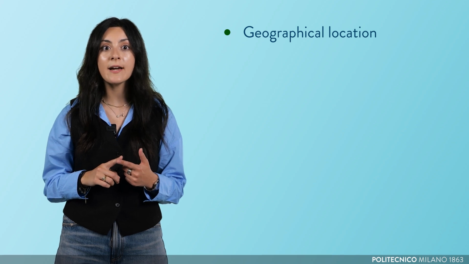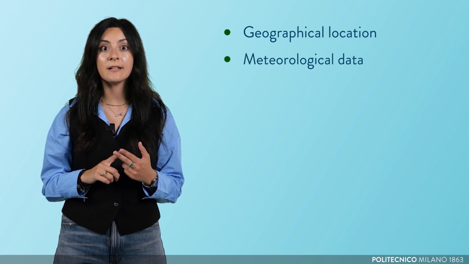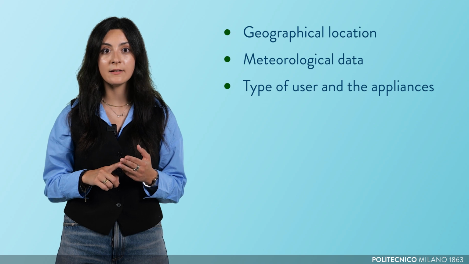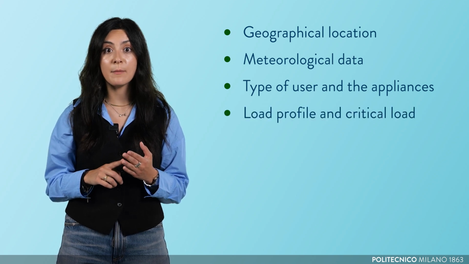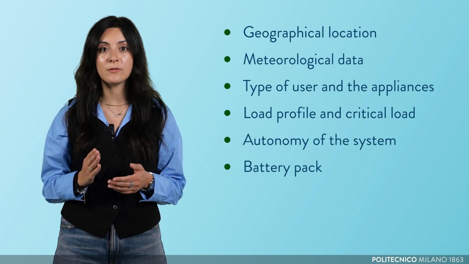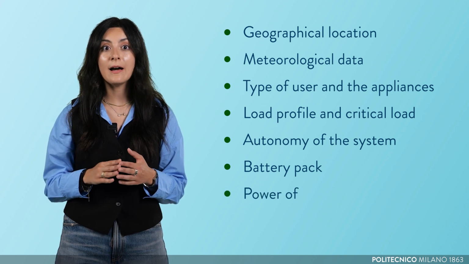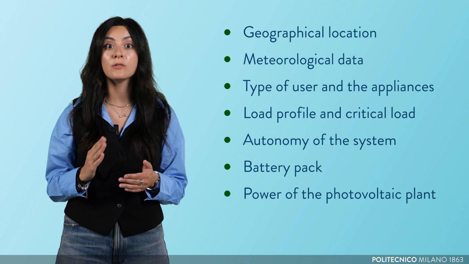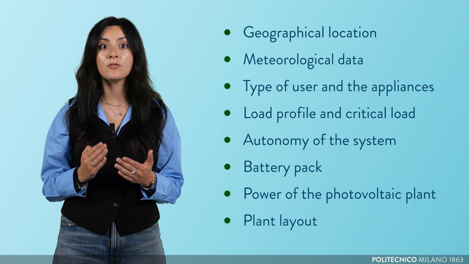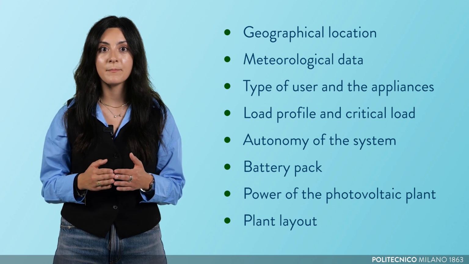To briefly recall all the steps required for a correct sizing of a photovoltaic system with electrical storage, you have to research on the geographical location along with area and soil details, retrieve meteorological data of that precise location, assume a type of user and only appliances to be supplied, generate a load profile and classify possible critical loads to define the maximum autonomy of the system, carefully choose a suitable battery pack, compute the required power by the photovoltaic plant adjusted by the array to load ratio and by forecasted losses, design the plant layout, choosing the needed electronic devices and selecting the panels to complete your system.